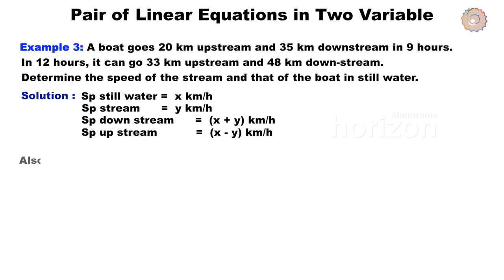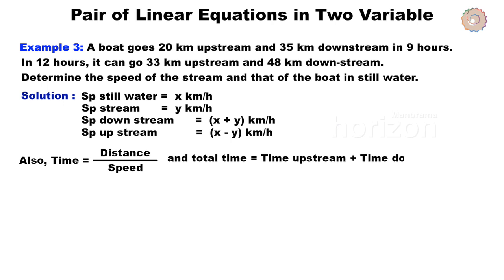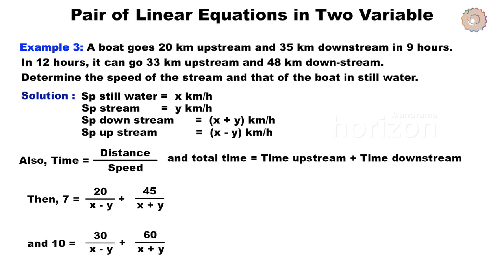Also, time equals distance by speed and total time equals time taken to go upstream plus time taken to go downstream. Then 7 equals 20 divided by x minus y plus 45 divided by x plus y and 10 equals 30 divided by x minus y plus 60 divided by x plus y. Let's consider them as equations 1 and 2.